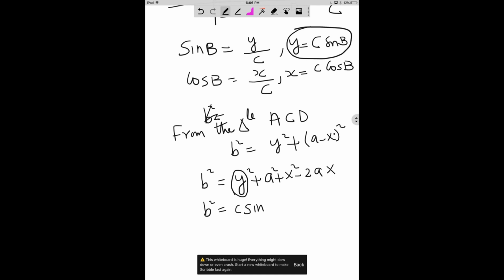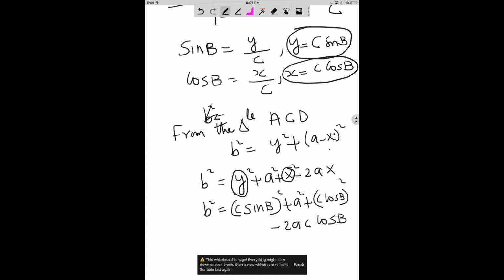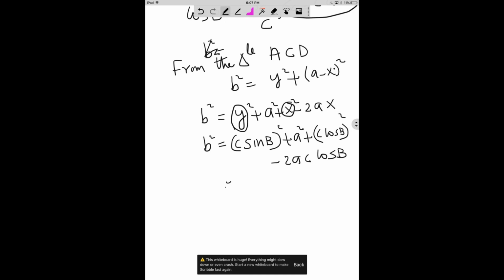So (c sine B) the whole square, plus a square, plus x square, x is c cos B, so (c cos B) the whole square, minus 2a, x is c cos B. Then b square is equal to c square sine square B plus a square plus c square cos square B minus 2ac cos B.